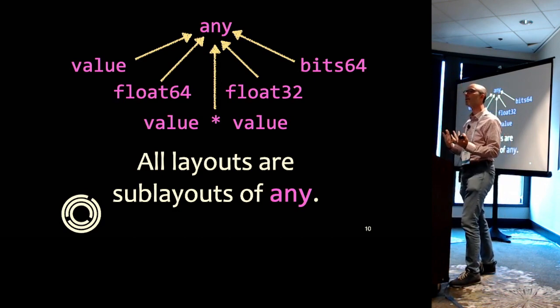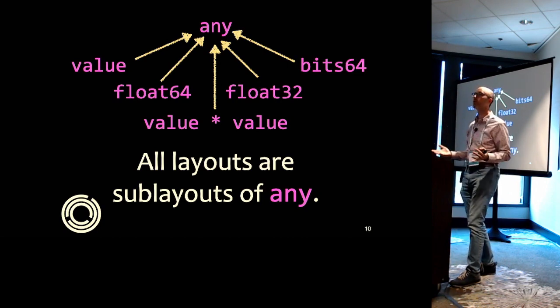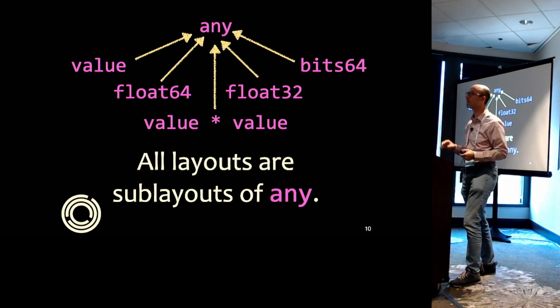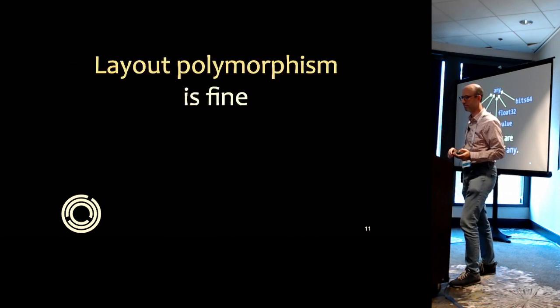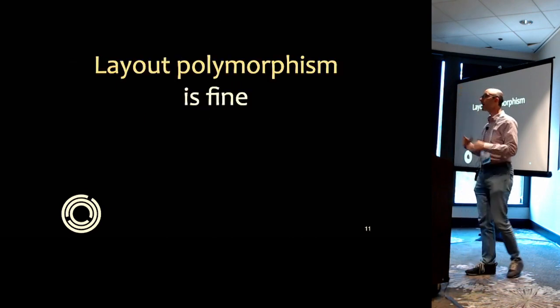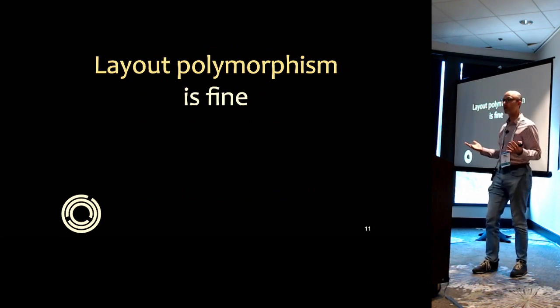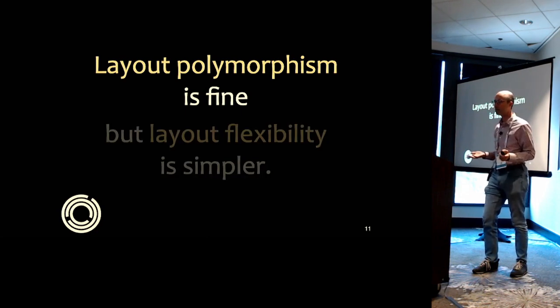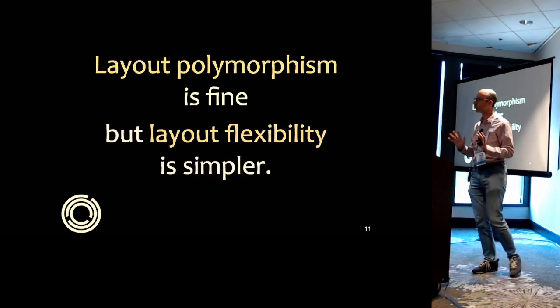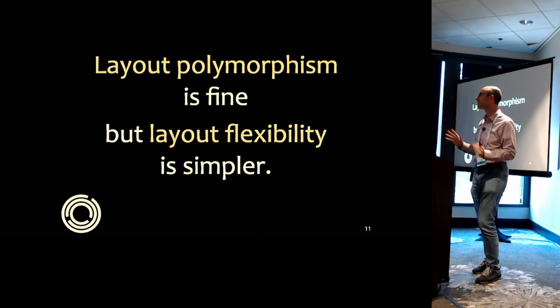And so by annotating alpha and beta with any of these layouts, or any other that we can imagine, those can be substituted in to alpha and beta. So layout polymorphism, allowing actual layout variables instead of this colon any, that would be fine. But layout flexibility is simpler, so we're going to stick with layout flexibility. This is in contrast to Haskell, for example, which does have full polymorphism here and allows you to have what are equivalent to layout variables.